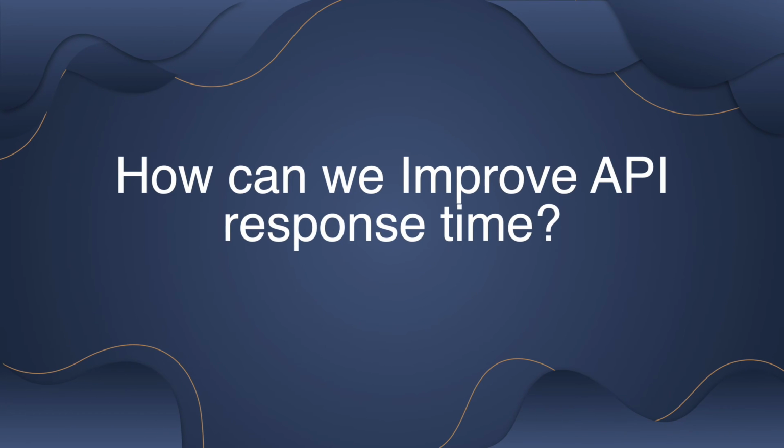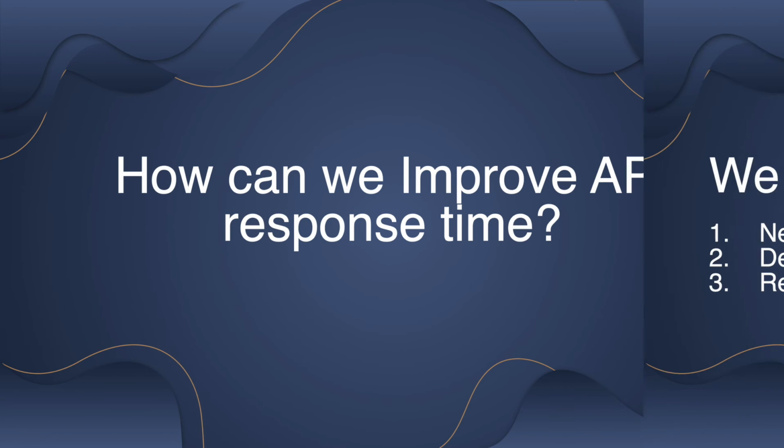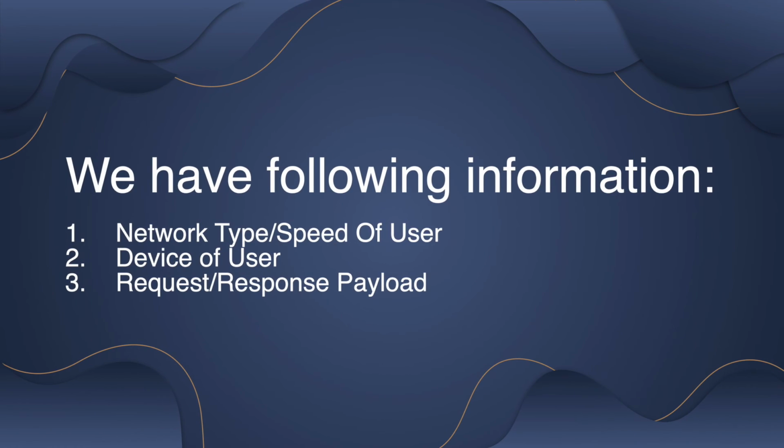Now, how can we improve the API response time? How to improve the success rate, we have already learned. Then how to improve the API response time? Now let's see what information we have from that dashboard. We know the network type or speed of the customer.